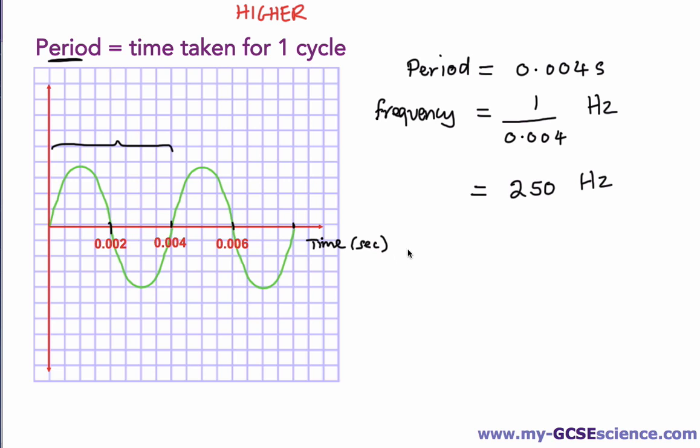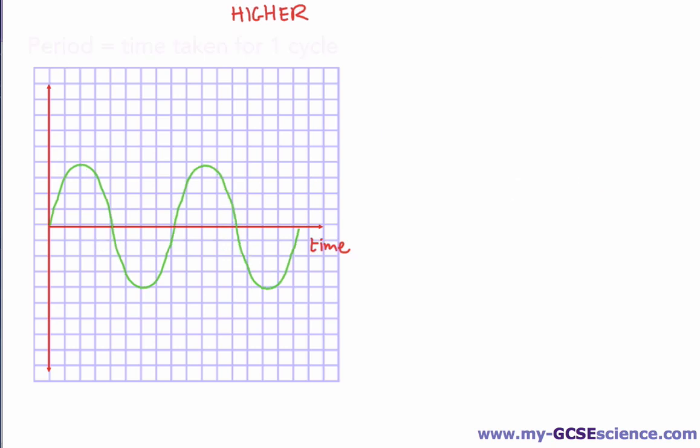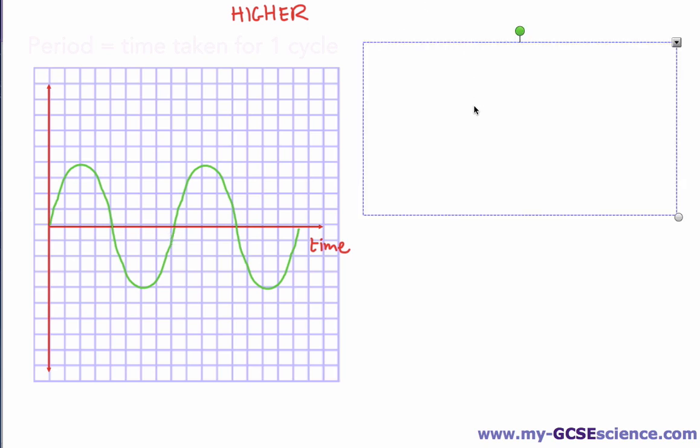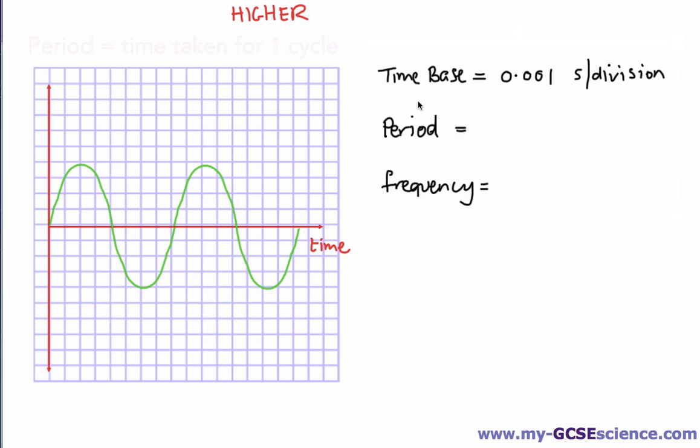Now I think it's probably worth practicing one or two, so I've got one fairly straightforward question and one that's slightly more difficult, but let's have a look at the slightly easier one first. Now remember, the period is the time taken for one cycle, so let's have a look at this question. We've got this new word thrown in here called the time base.